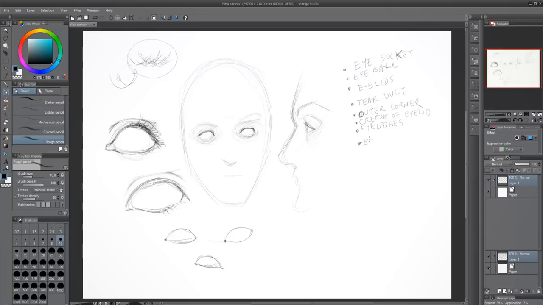So eyebrow, and then you have the last three elements that I'll talk about, which are the sclera, the iris, and the pupil. So the sclera is basically just the white of the eye. It's all this stuff. Now, iris, of course, most people know it's the colorful part of the eye.